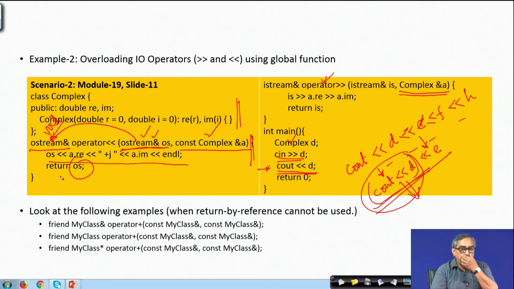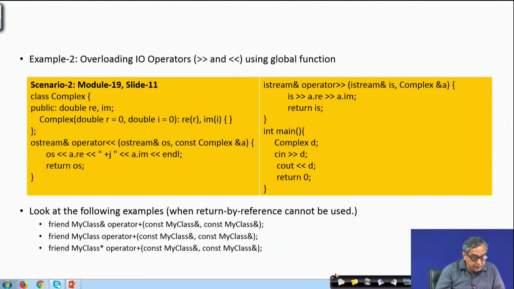Right. So, these are two operator overloading scenarios where you would need this. There could be several other examples. Here I have also tried to put some additional food for thought, as there could be several places where using return by reference would not be a good thing.